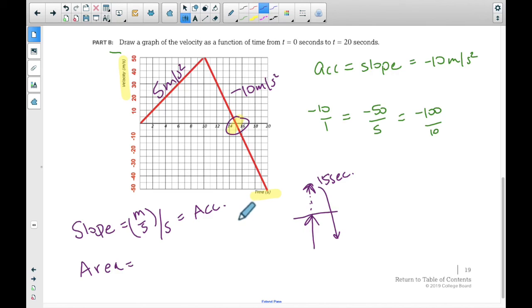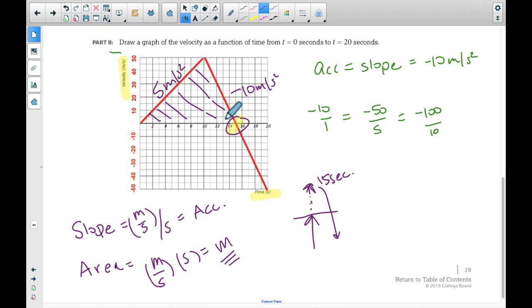We want some kind of height here. Well, what would the area give us? Area is length times height. And area, meters per second, times seconds, that is meters. That is what we're looking for. So we need to find the area during this part, because that's the highest part. We don't care about this part. It's going to get back to the ground at that point.